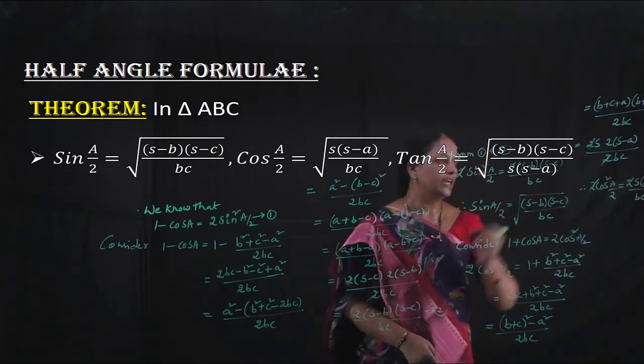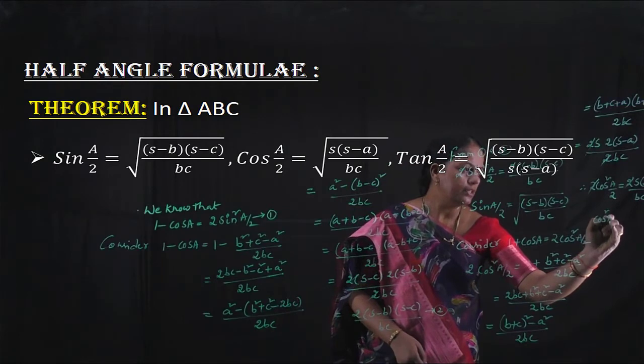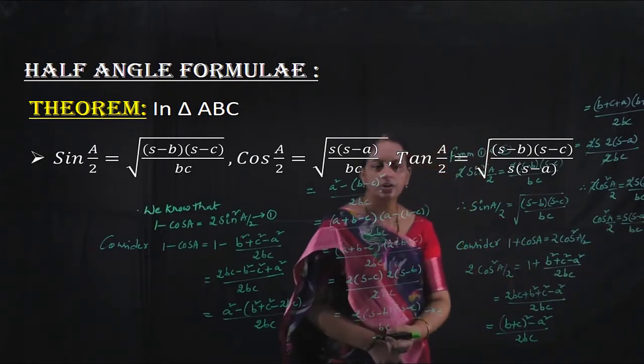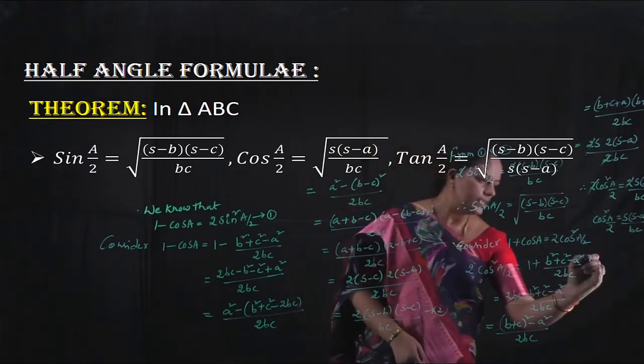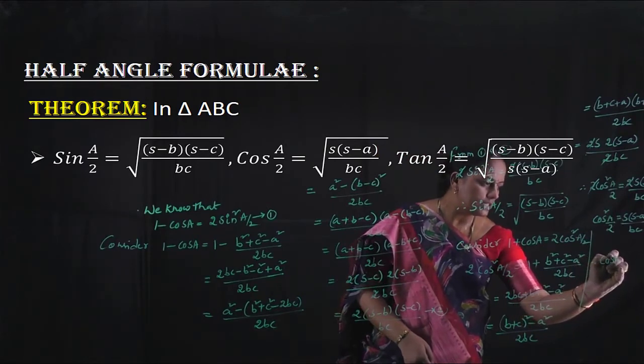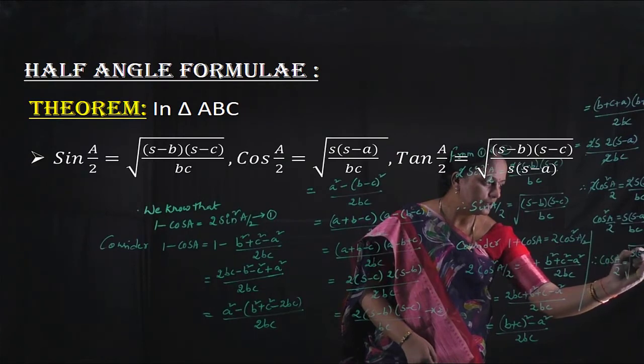Here 2 gets cancelled. Cos square A/2 is equal to s(s minus a) by bc. Therefore, cos A/2 is equal to the root of s(s minus a) by bc.